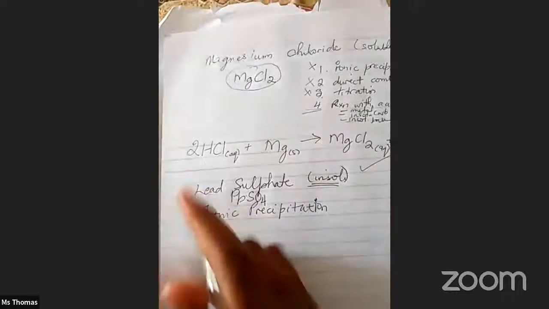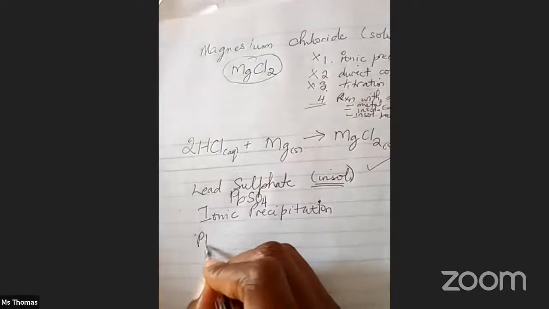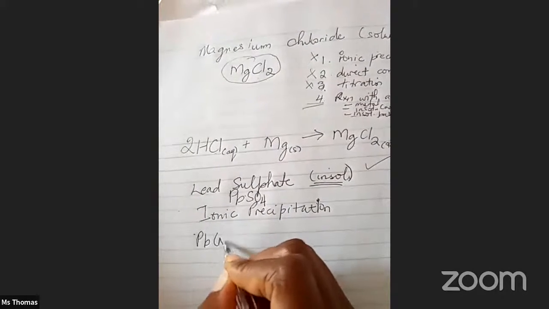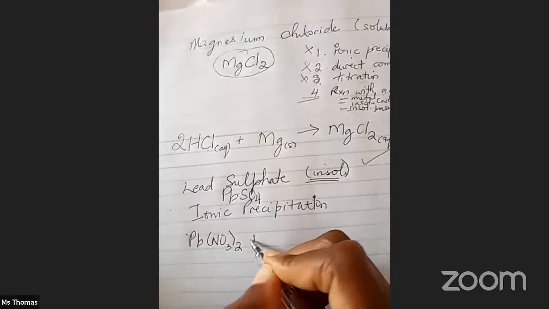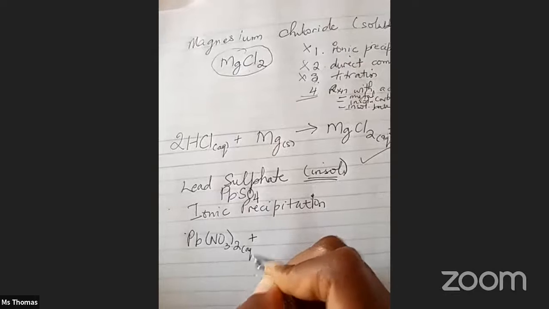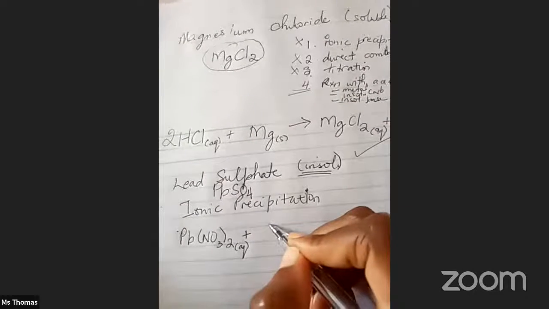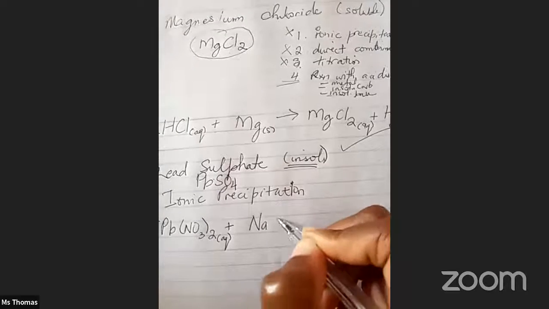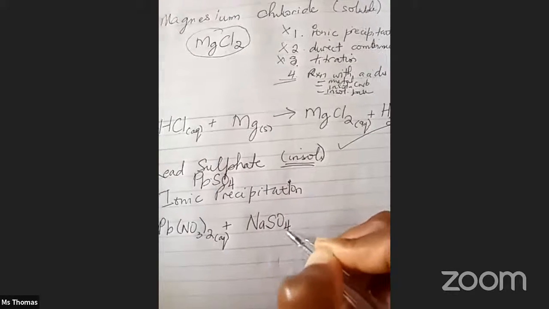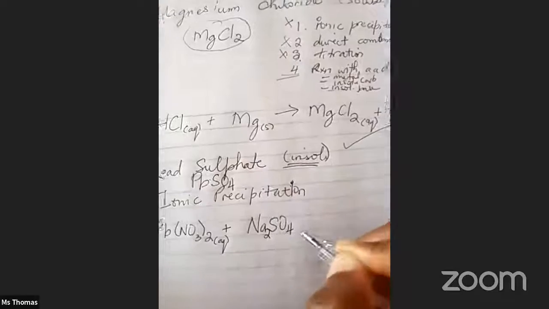Lead nitrate. All right, so you're very good. You're choosing a nitrate because all nitrates are soluble. They're going to use lead nitrate and sodium sulfate, because all sodium salts are soluble, right?